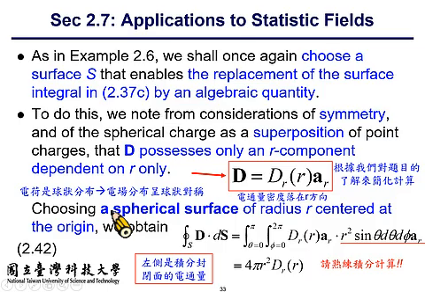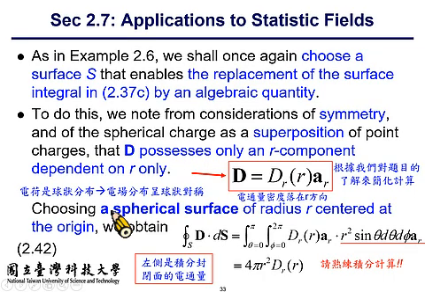Let's treat the surface integral first. Before carrying out the spherical integral, you need to write up the correct form for the differential surface. For this spherical surface, ds equals r sine theta d phi times r d theta, and the surface direction is pointing along the r direction.